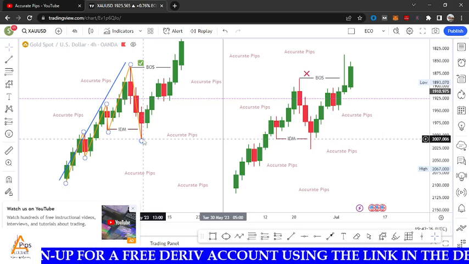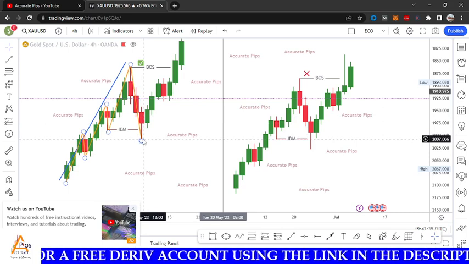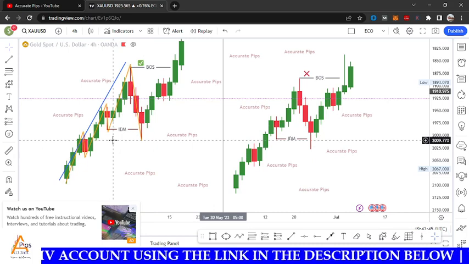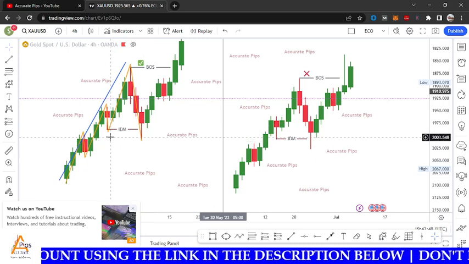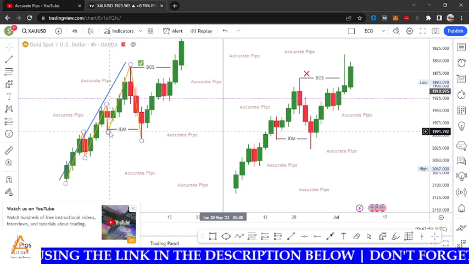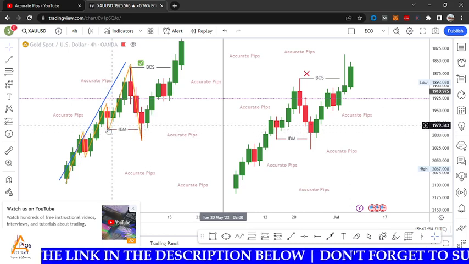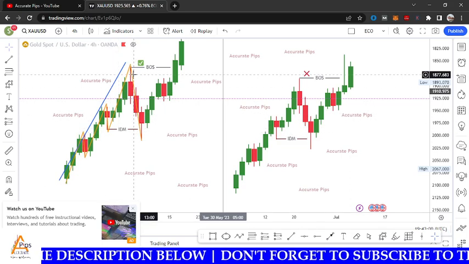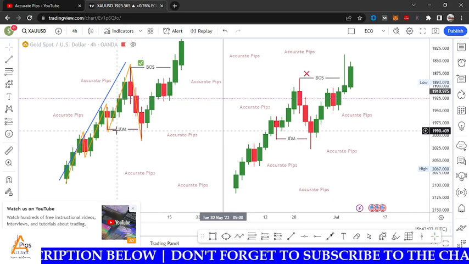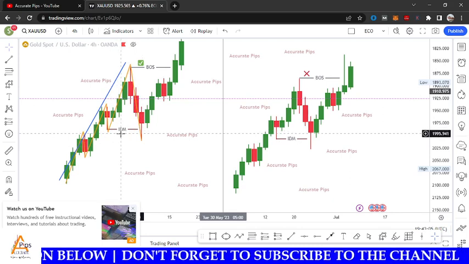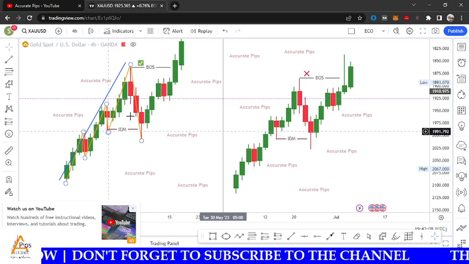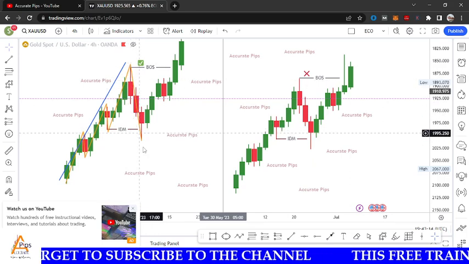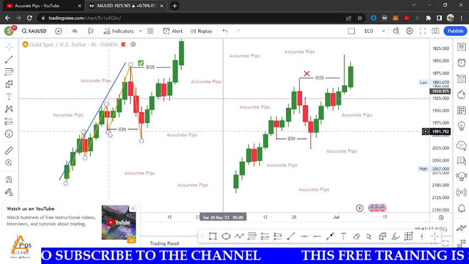Why do we see this as a valid structural pullback or correction? The pullback based on the candlestick movement was taken out. You can see the low of this last pullback has been taken out by this movement. So we consider this as an inducement because it has induced.